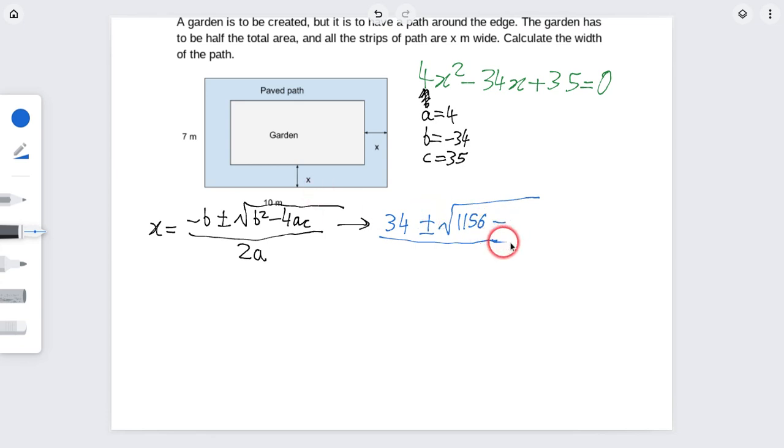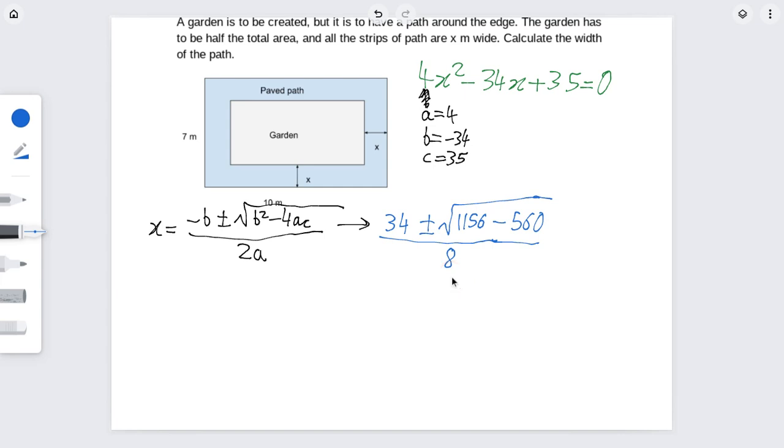Minus 4 times 35, and 4 times 4 is 16. 16 times 35 is 560. And underneath it, 2a, 2 times 4 is 8. There we go.